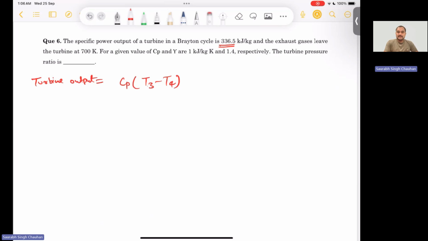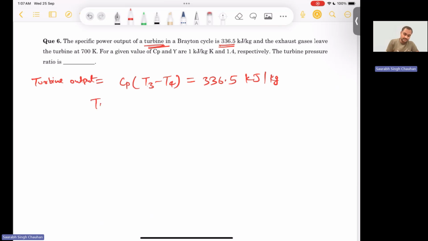If you want to find the net output, then you will have to subtract the compressor work, but here it is given to be output of a turbine. The exhaust gases leave the turbine at 700 Kelvin.